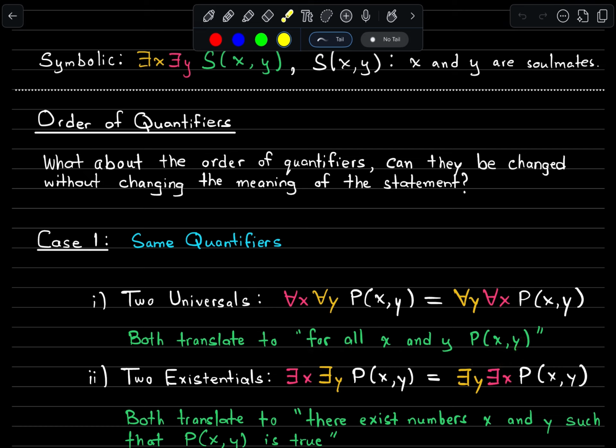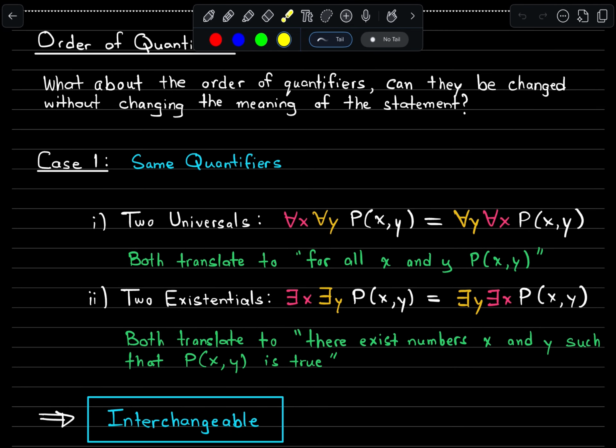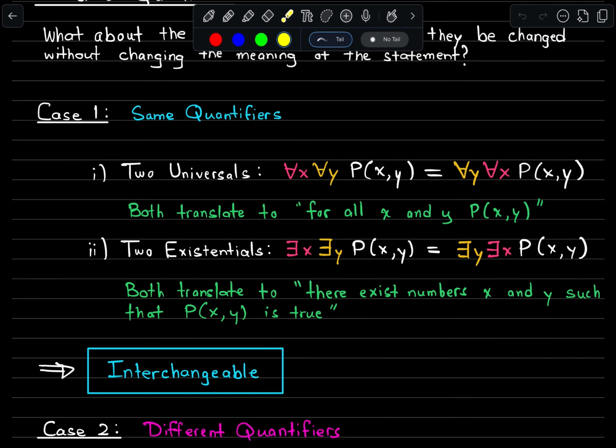Apples and oranges are the same thing as oranges and apples, especially if they're in the same quantity, right? So when you have same quantifiers, they are in fact interchangeable. This has no effect on the meaning of the statement. But when we have different quantifiers, well, let's see what happens.